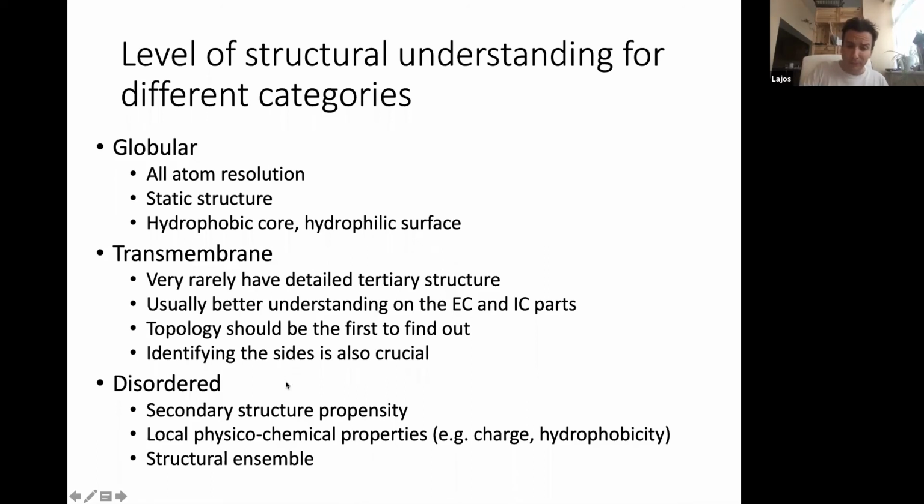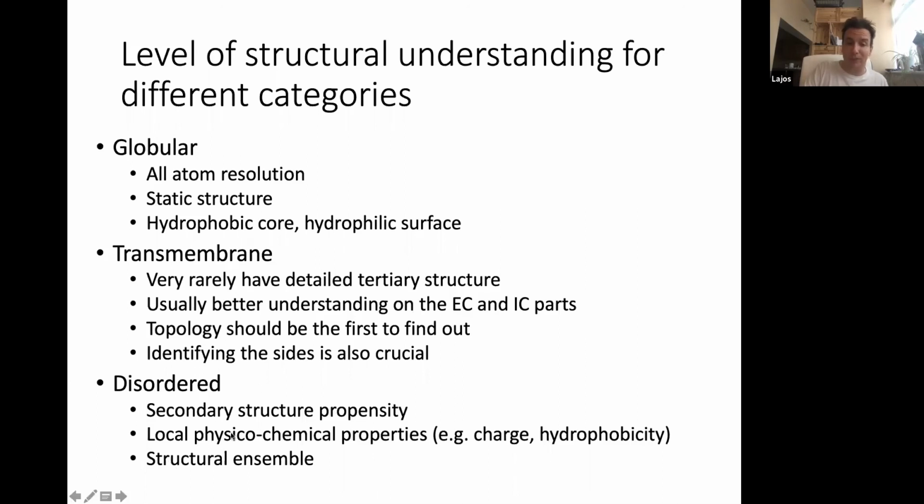And if you do NMR on these other proteins, or if you do molecular dynamic simulations, then you can end up with a structural ensemble. This is very, very similar to what we saw with NMR structures. So instead of having one three-dimensional structure, you will have thousands. In NMR, you usually have 100.